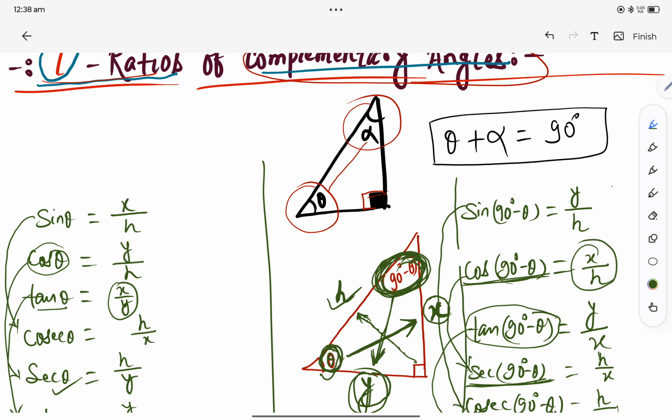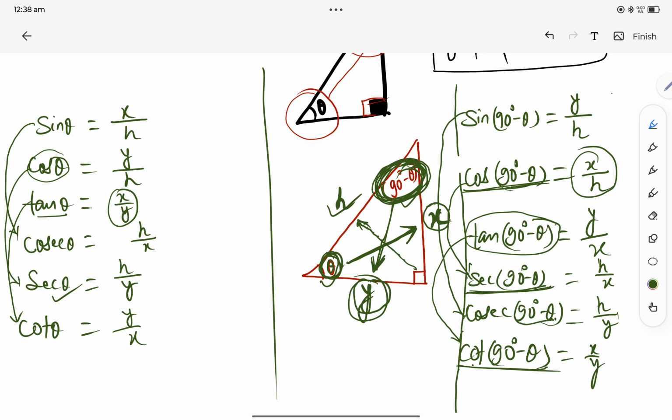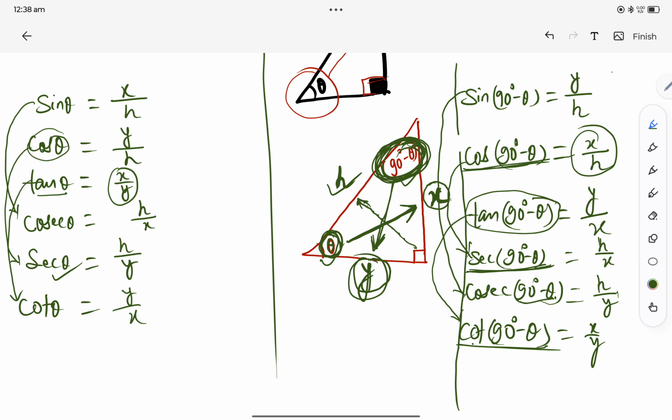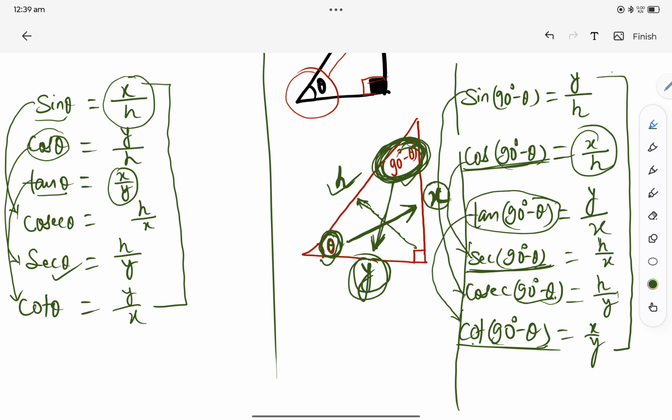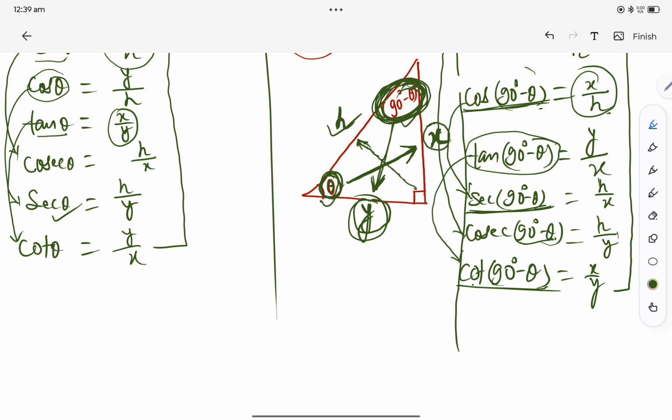These two angles are complementary angles as their sum is 90 degrees. Now let us compare these trigonometric ratios together. What do you conclude? Sin theta is x over h... and tan theta is x over y, and cos 90 degrees minus theta is x over h.